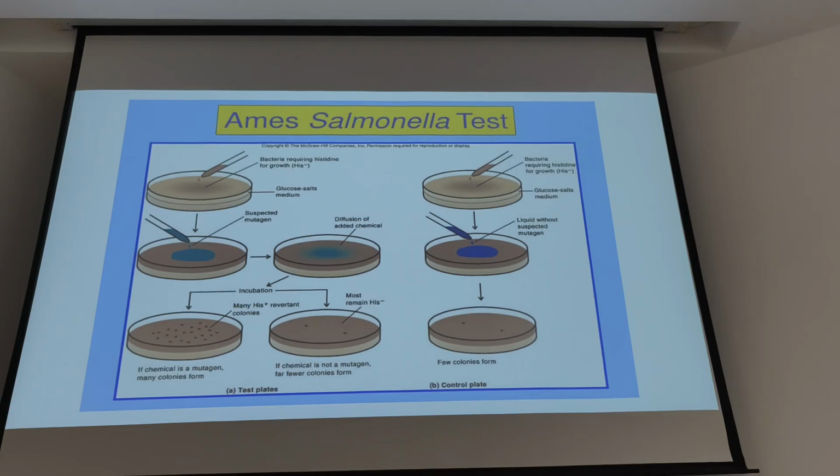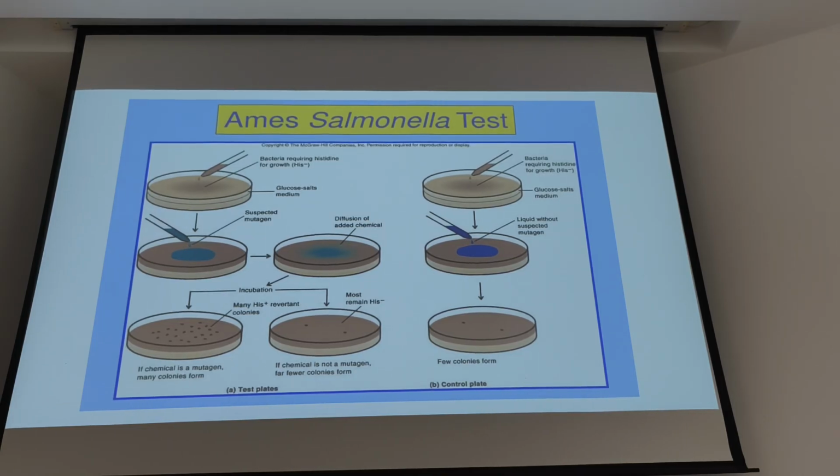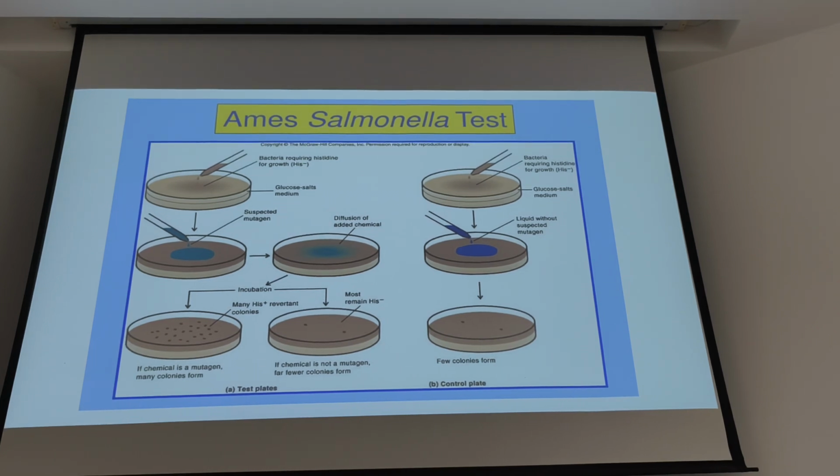But if we have a test, we use our toxicant, we have a chemical, and we use S9. What is S9? Anyone knows? Anyone remembers? The S9 is an extract of a liver.